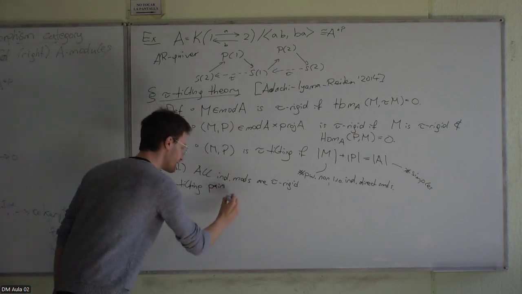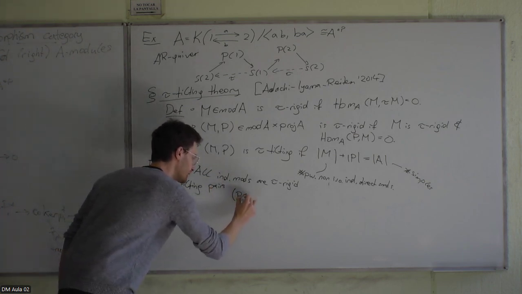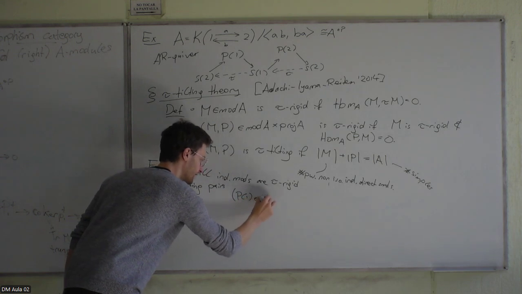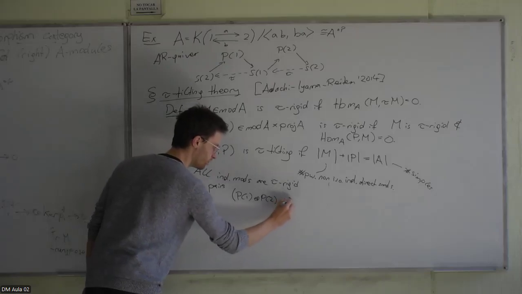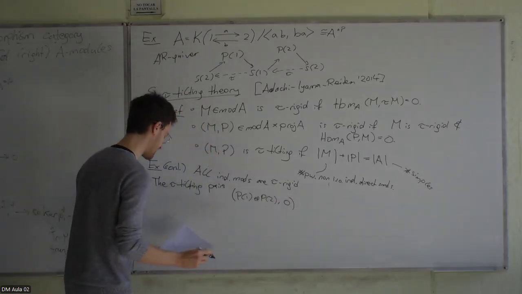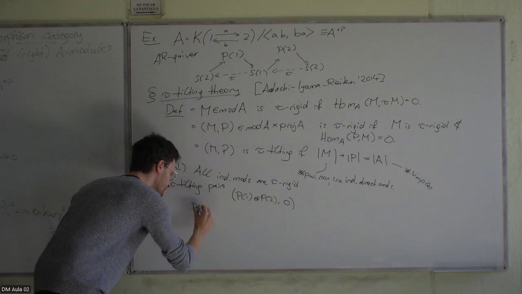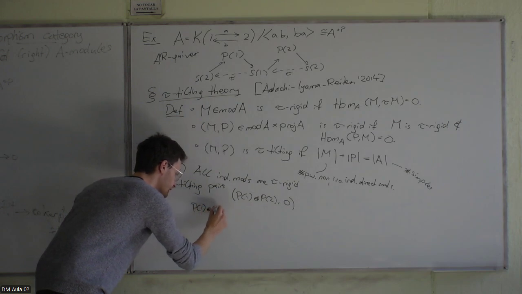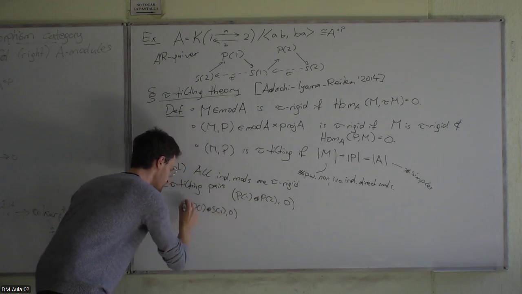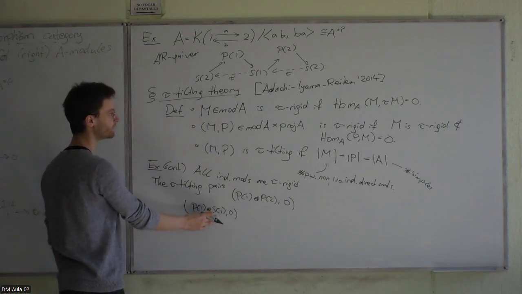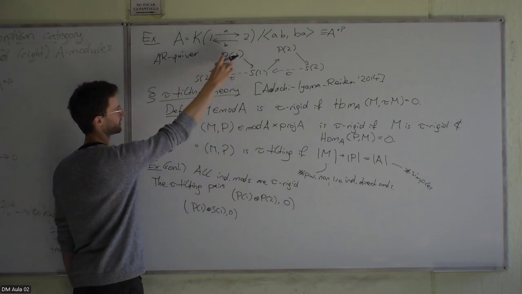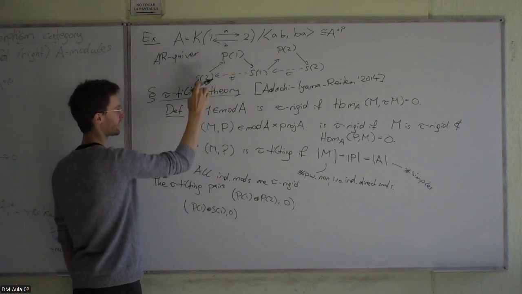We kind of always have this pair, which is the sum of the projectives, because as I said, the Auslander-Reiten translation of the projectives is 0, so this will always be tau rigid. And then in this case, we have some kind of symmetric structure where on one hand side we have the projective P1 plus the simple S1, whose Auslander-Reiten translation, which is additive, would be 0 plus S2.